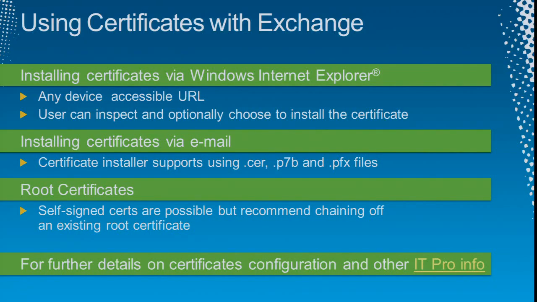Now, why is this important? Well, a lot of users and a lot of enterprise customers want to make sure that when they're accessing their Exchange environment, it's not only just their password and username, but they also have something local to the device that identifies them as having access. And what that is is a certificate granted by your local certificate authority.